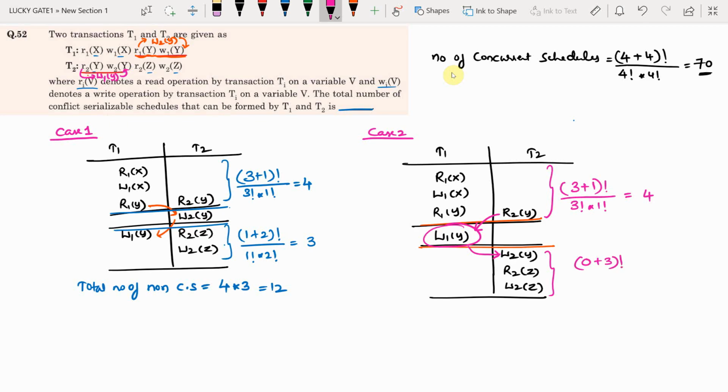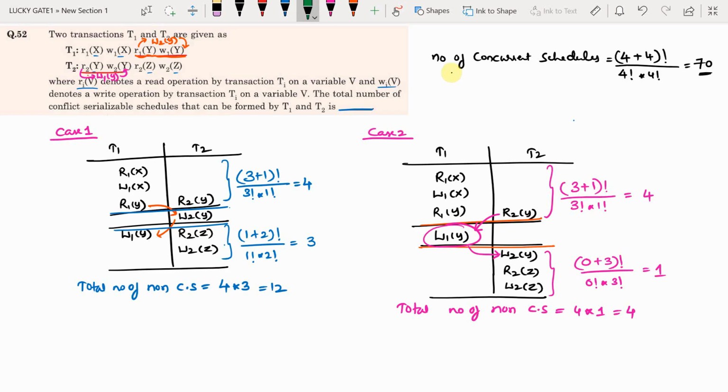So the total possibilities are (0 plus 3)! by 0! into 3!. Friends, you remember 0! is 1. So that is 3! by 3!. This is 1 possibility. Now here, the total number of non-conflict serializable schedules are 4 into 1, which is 4.